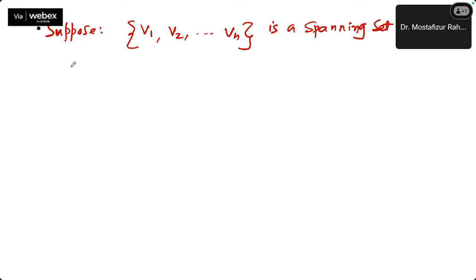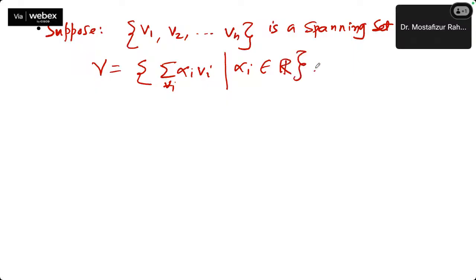That means you can write it as the sum over i of alpha i vi, such that alpha i is some scalar. We can stack all the vectors vi as v1, v2, v3 up to vn, and call this a matrix, m cross n.